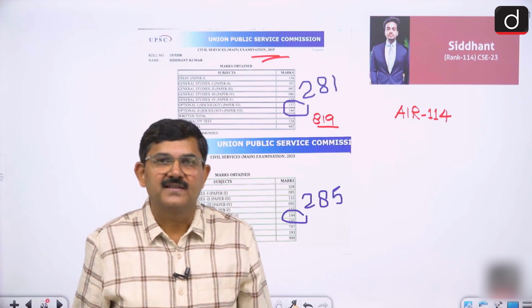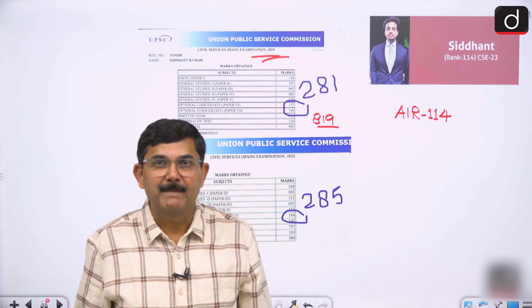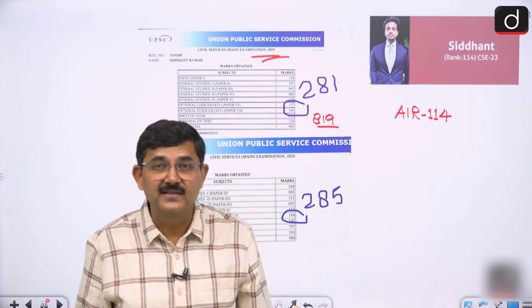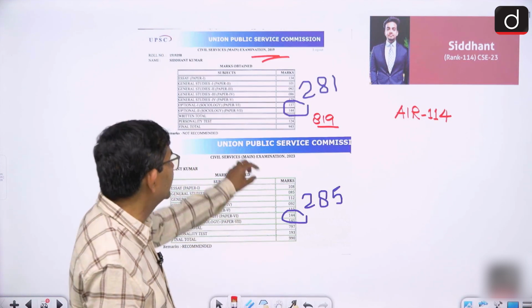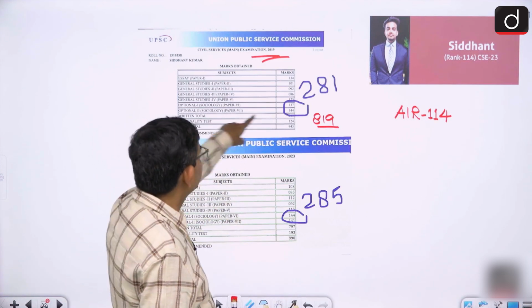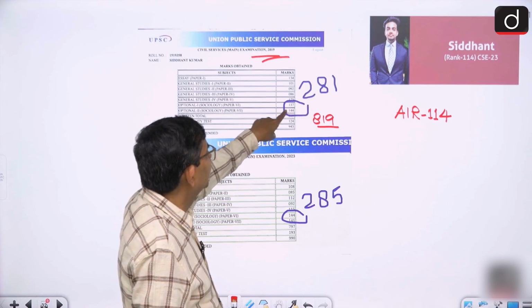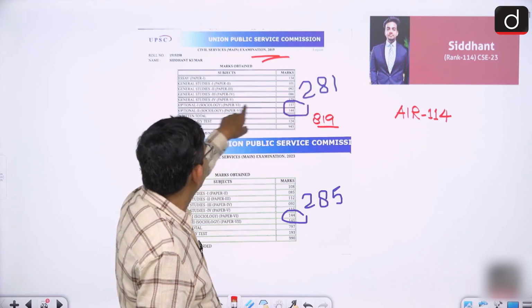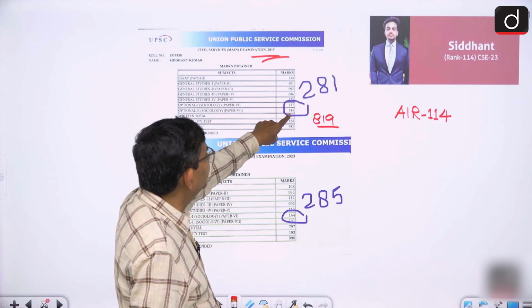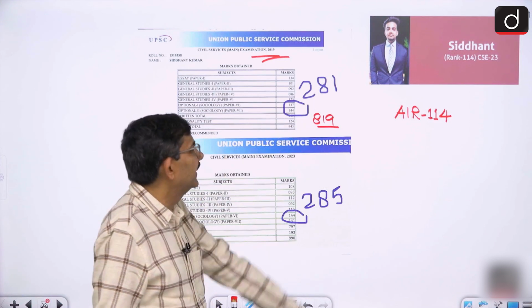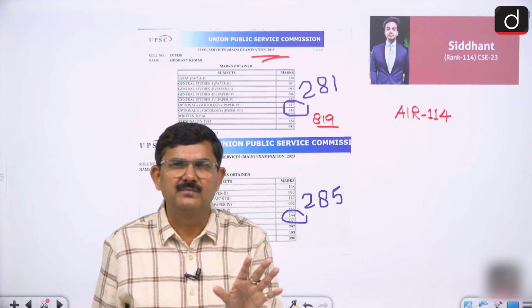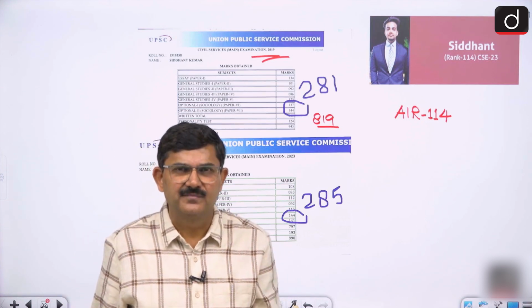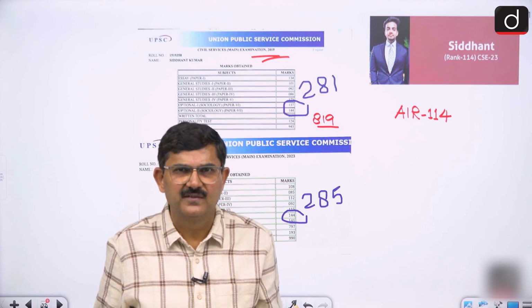He could not clear this examination that time, even though as per his mains marks, he was all set to become IAS. As far as his marks in sociology are concerned, it's written here: 137 in paper 1 and 144 in paper 2, 281 in total. Very satisfying marks.